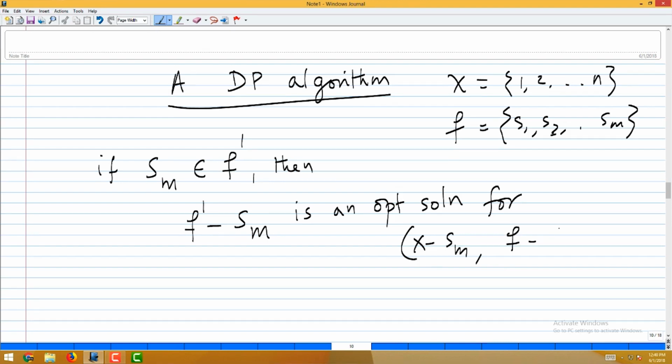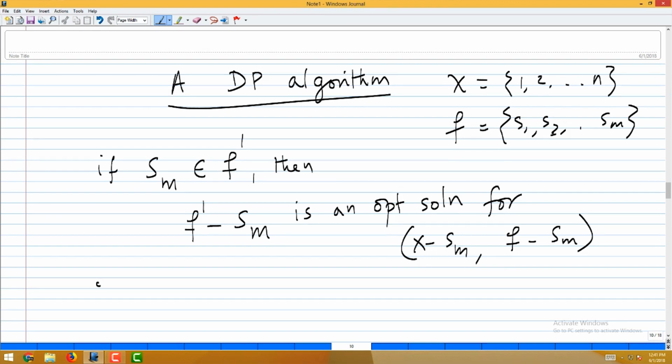X minus Sm and F minus Sm, right. Sm is covering some set of elements. So, I remove it from my universe and go to the remaining thing. I want my remaining family to cover the remaining elements optimally, right, clearly. So, in my F prime, the remaining sets are the optimum number of sets that cover the remaining universe from S1 to Sm minus 1.